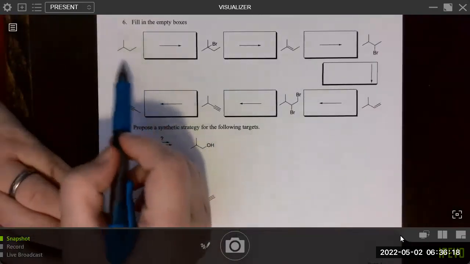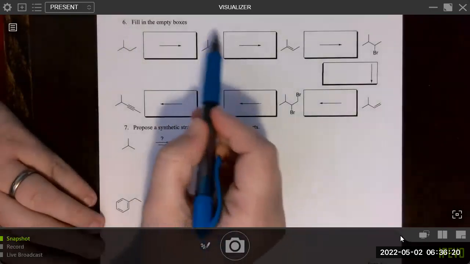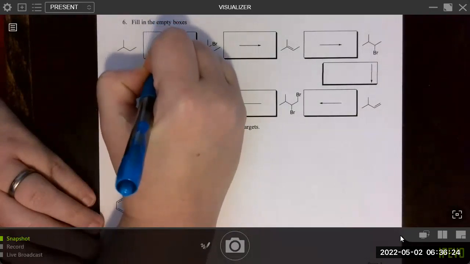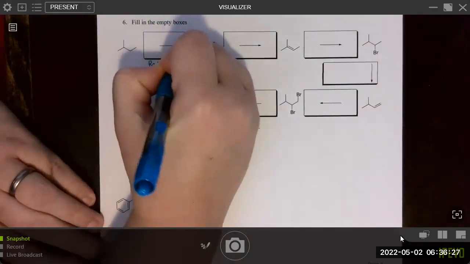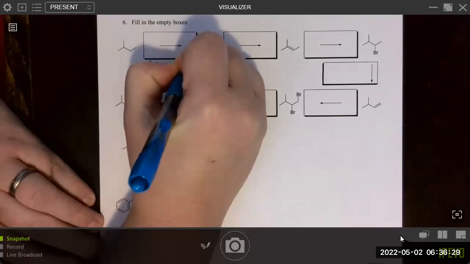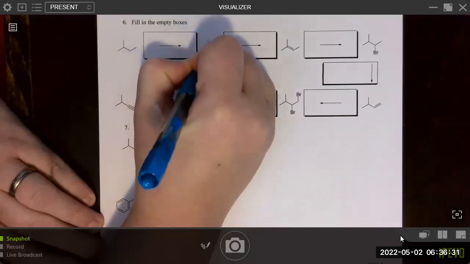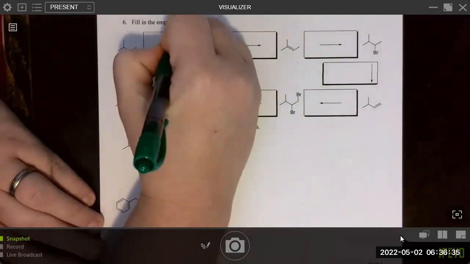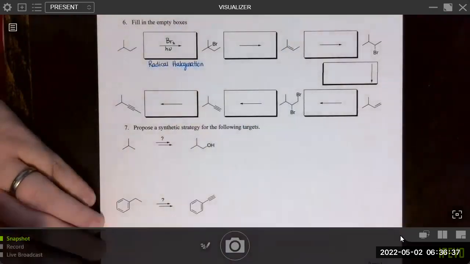So to go from an alkene to an alkyl halide, we need to do radical halogenation. And the conditions for that are Br2 and either heat or light.